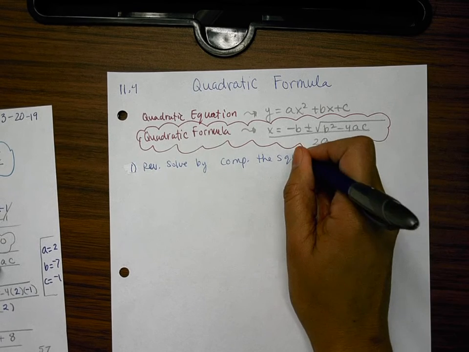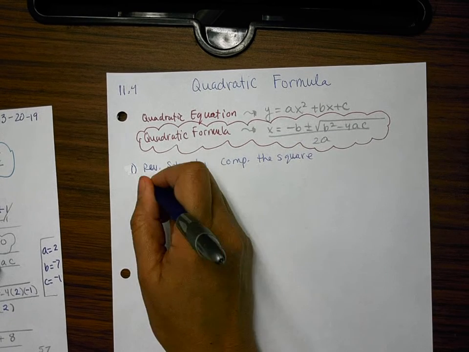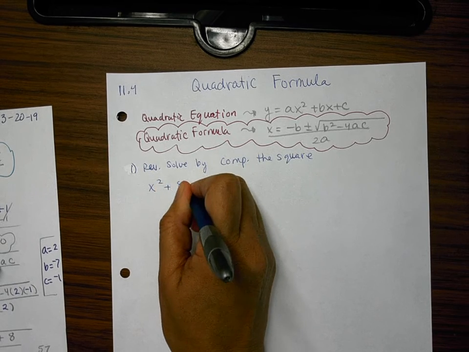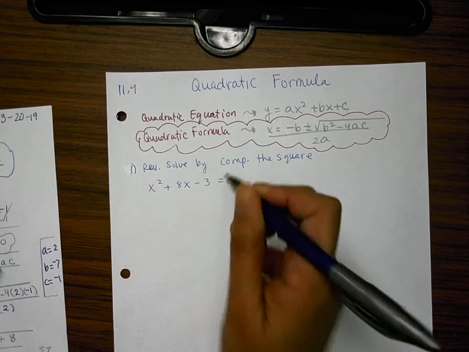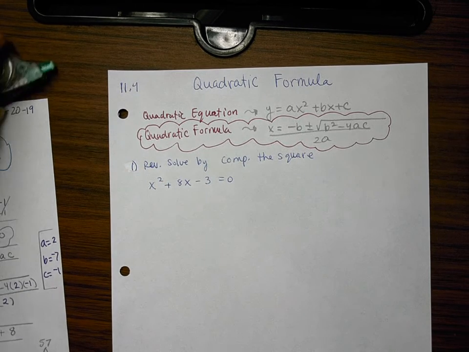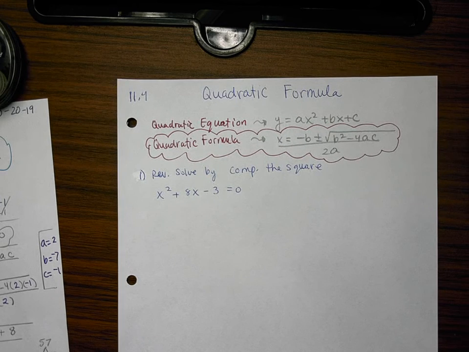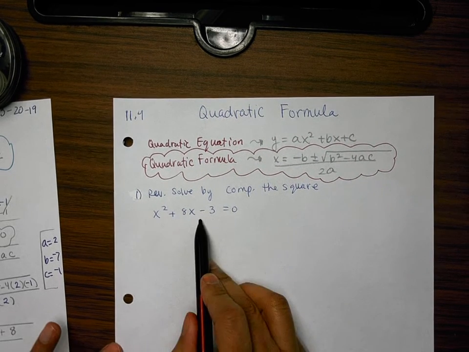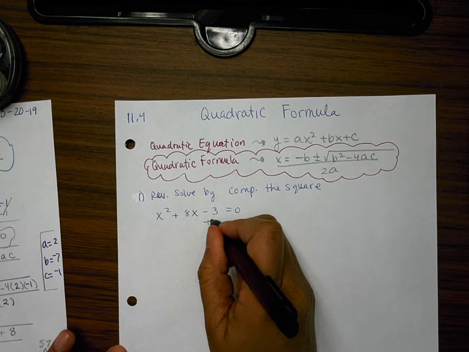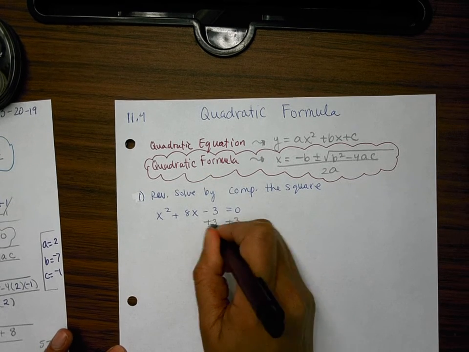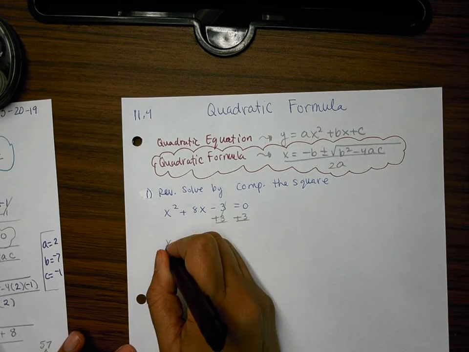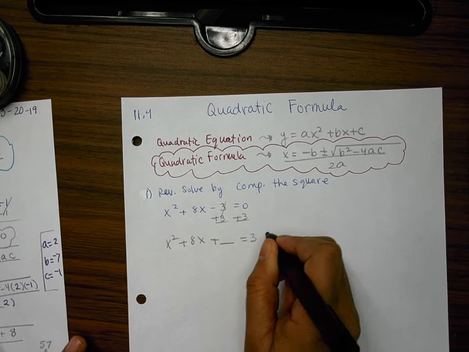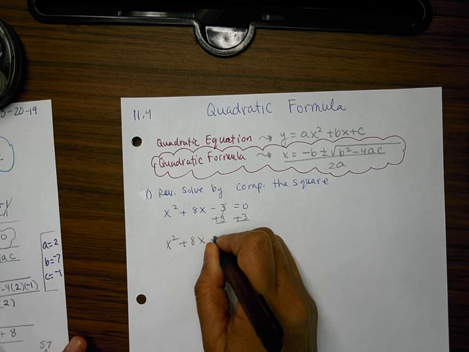Okay. x squared plus 8x minus 3 equals 0. Okay, solve by completing the square. We're going to add the 3 to the other side. Gone. x squared plus 8x plus blank equals 0 plus 3 is 3 plus blank.